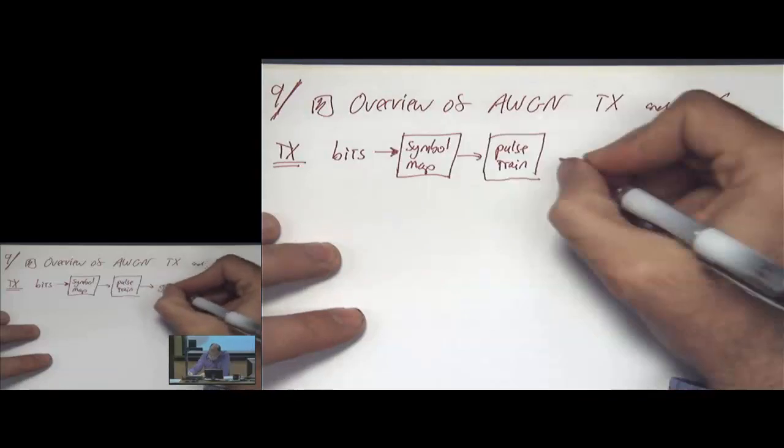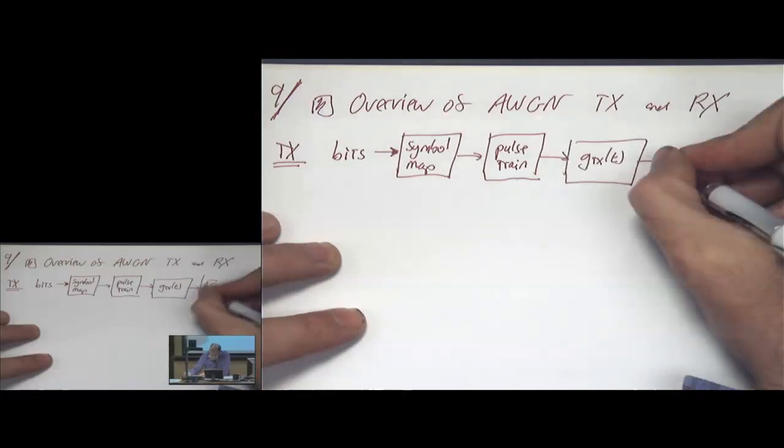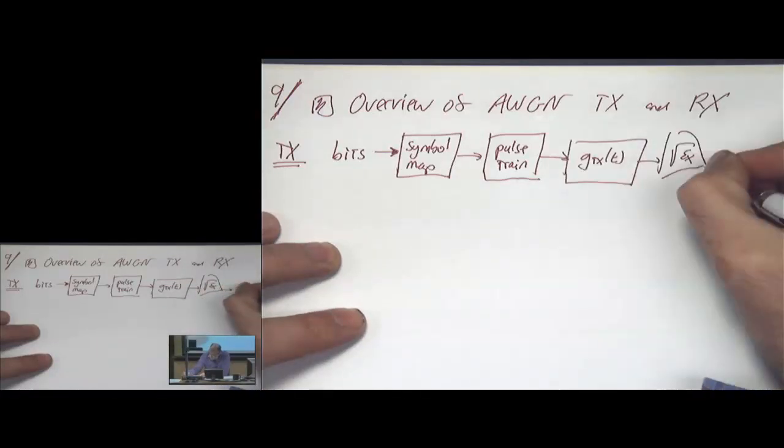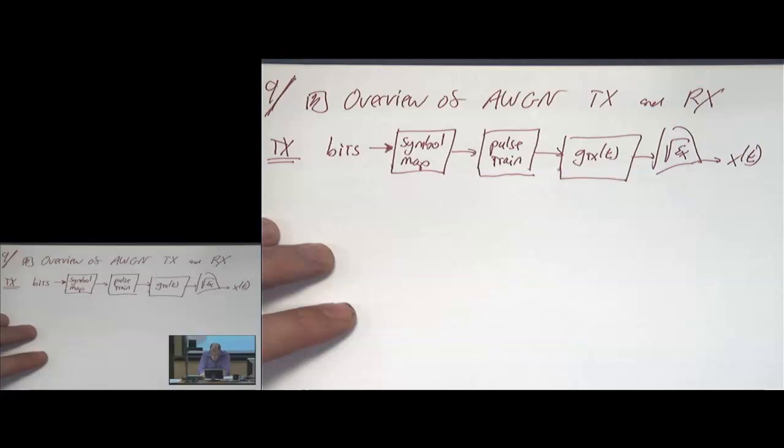We have the pulse shaping filter, the scaling factor, and then the x of t here. So that's the transmit structure, which we've seen before. So let's talk about what the receiver structure is going to look like.